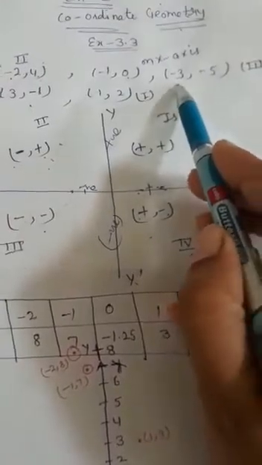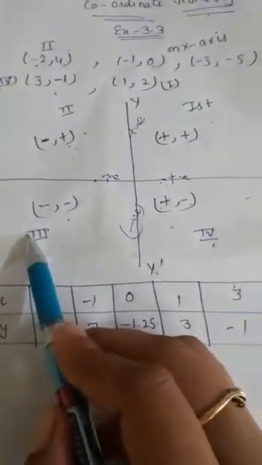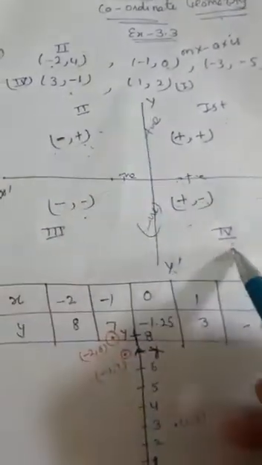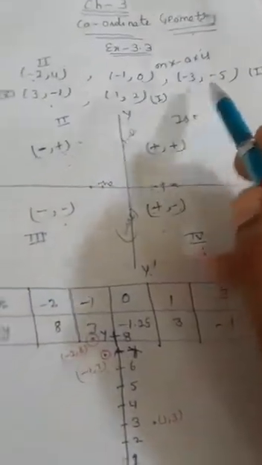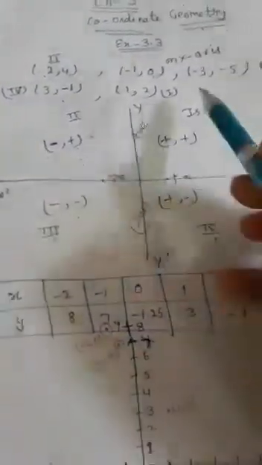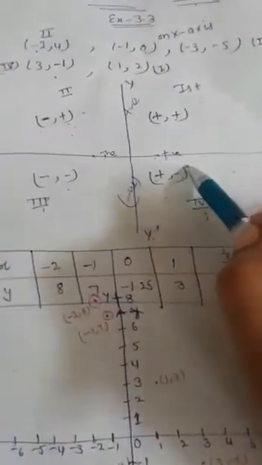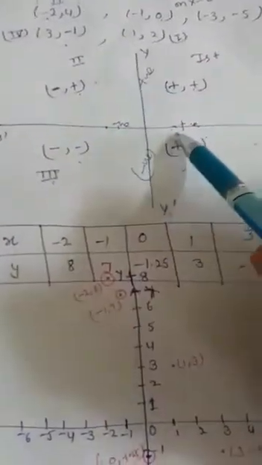In the third, you are given both negative, so both negative is the third quadrant. Fourth, x is positive and y is negative, that is the fourth quadrant. When both are negative, that is the third quadrant. Okay, and when both are positive, that is the first quadrant. So this was your first question. Without plotting the points on the graph you can tell their quadrants.